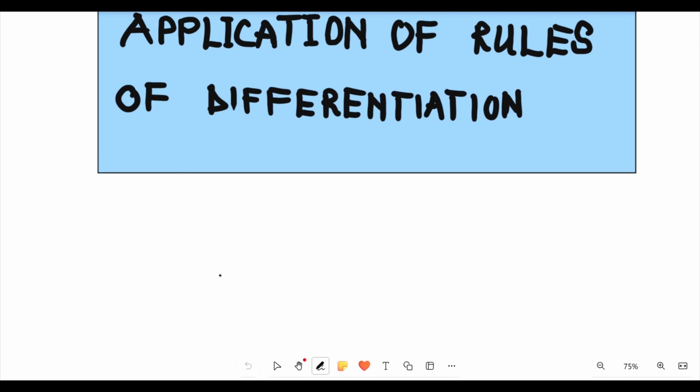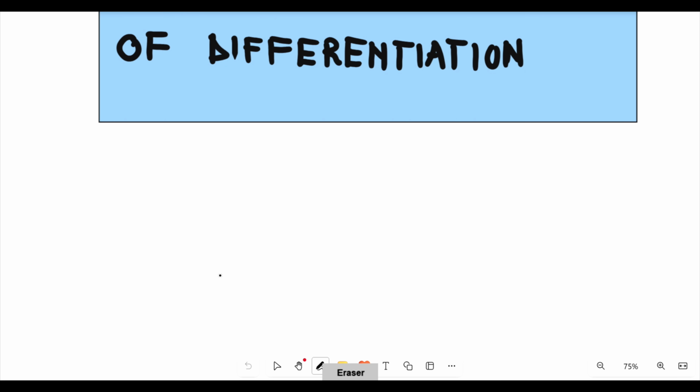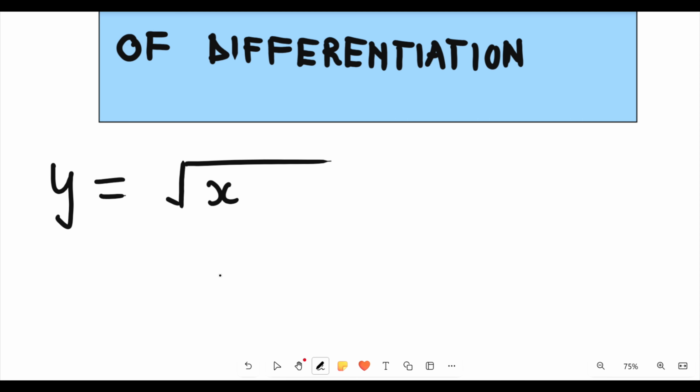Suppose I have my first function to be y is equal to the square root of x squared minus x. How do I differentiate this particular function?